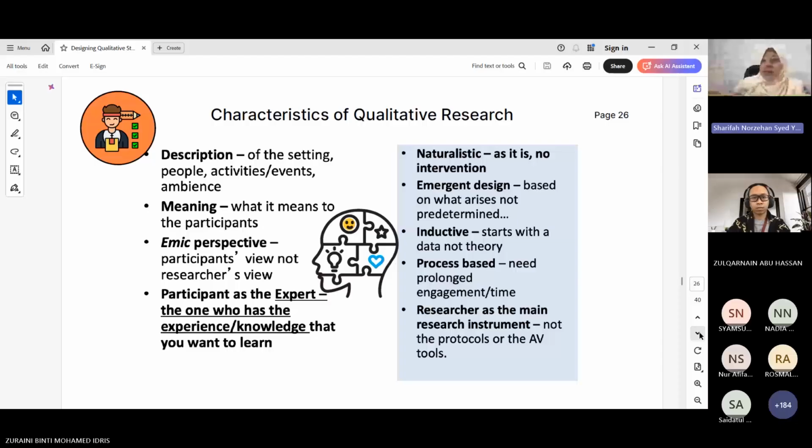So you have to go back to your literature review and rewrite it to make sure that your emergent data are captured. Understand on this one?